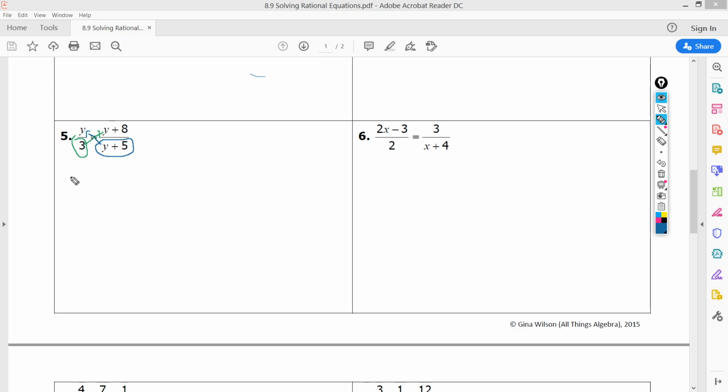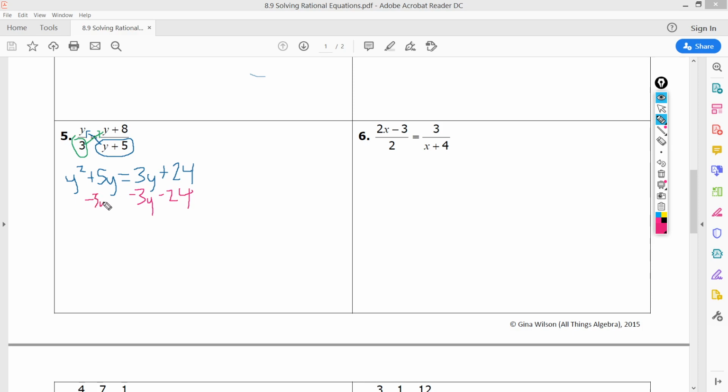So y times y plus 5 is going to give me y squared plus 5y. And it's going to be equal to 3 times y plus 8, which is 3y plus 24. Now I want to set this equal to 0 so I can do some factoring. So I'll do minus 3y minus 24.